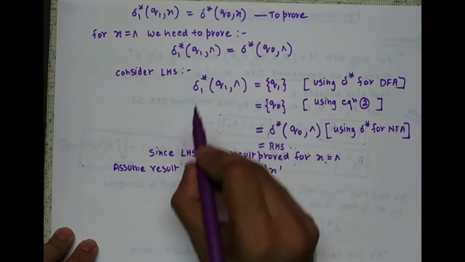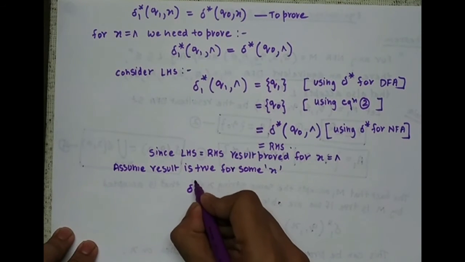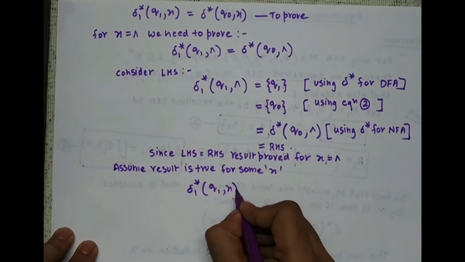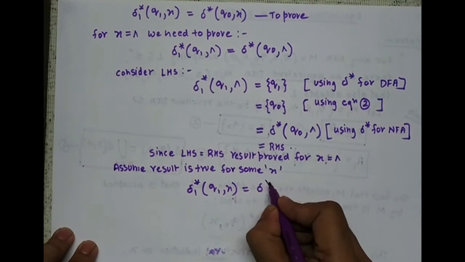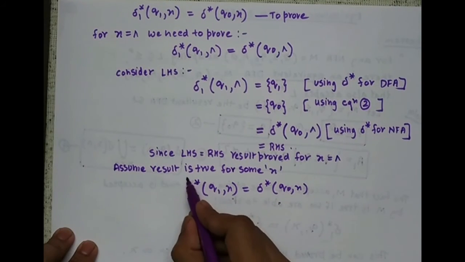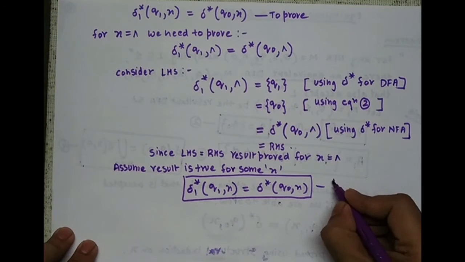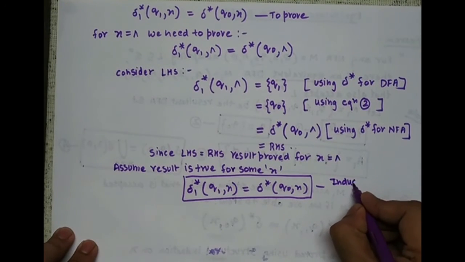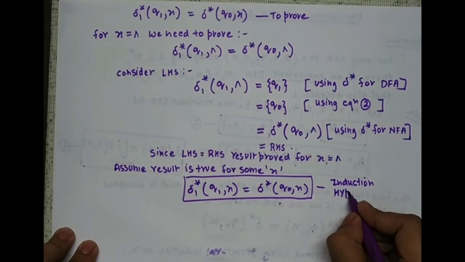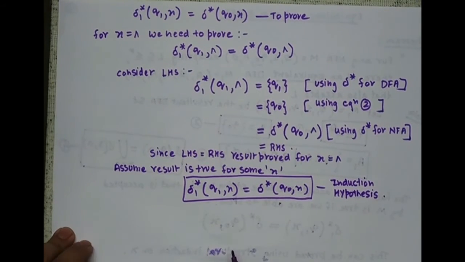For the string x, we'll assume that del 1 star of q1 comma x is equal to del star of q0 comma x. I will name this equation 5.